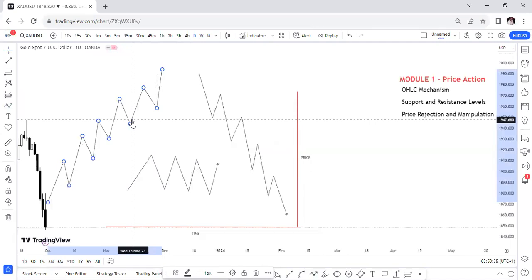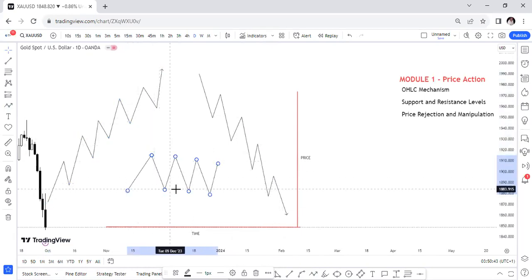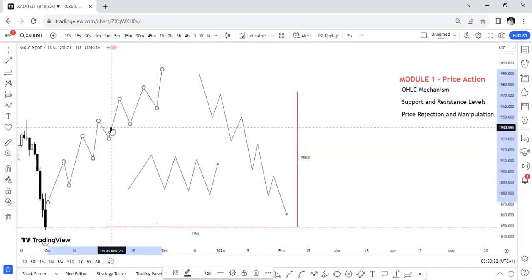Three trends. It's either price is moving higher, or it's moving lower, or it will be moving in a bracket form. That is the technicality behind price action.